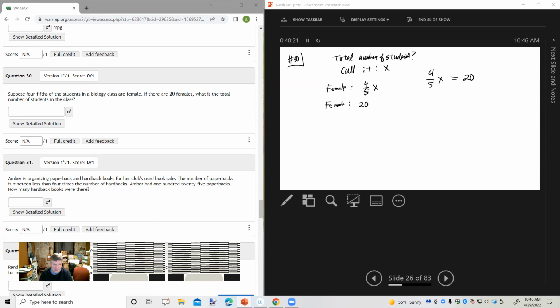Any questions about that? All right, now we have a coefficient that's a fraction. So we're going to multiply both sides of the equation by the reciprocal of that fraction. On the left side, the 5's reduced down and the 4's reduced down all to 1. 1 times X is X. On the right side, 20 over 4 is 5 over 1. 5 times 5 is 25.